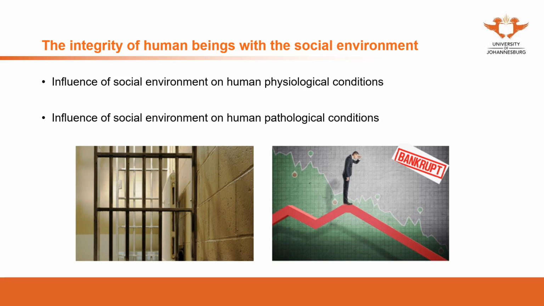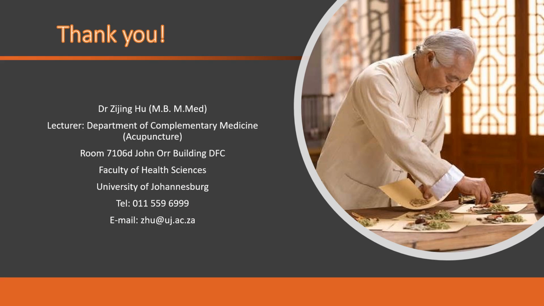So these are three aspects. We're going to focus on the concept of holism. This is one of the most important concepts in Chinese medicine. You need to understand, you need to memorize the terms, need to understand the theory.